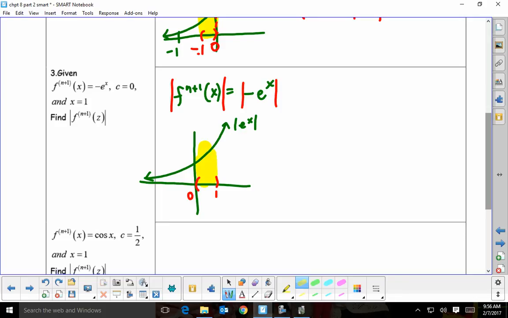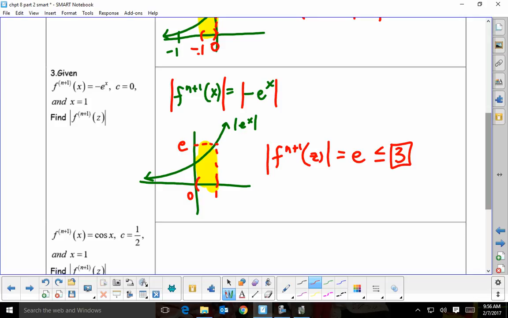And what is my max now again? It's going to occur at 1, which is e. And again, I don't know e very well, so unless I have a calculator, I'm just going to use 3. Oh no, that's the next one. Okay.